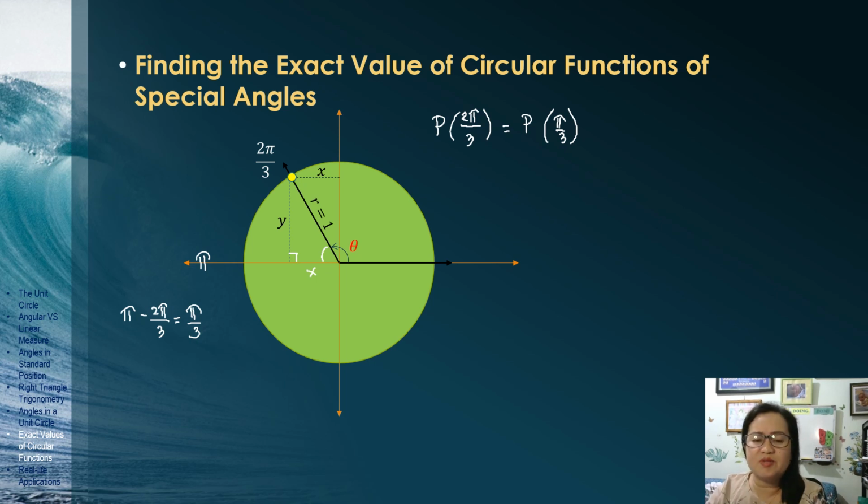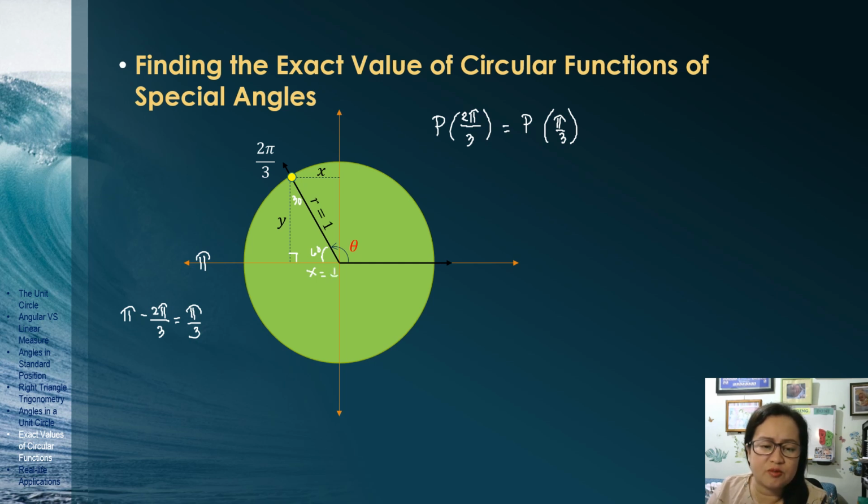Remember that in a 30-60-90 degree triangle, the measure of the side opposite the 30 degree angle is 1/2 the hypotenuse. So if this is 60, then we will have 30 here. That means x is equal to, what is 1/2 of 1?